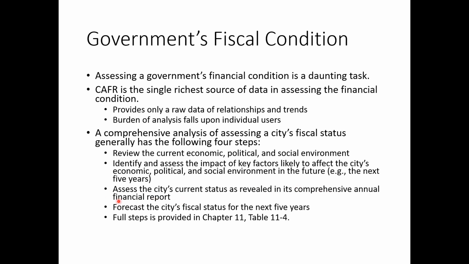In this step, we're going to do a lot of calculations. We're going to do ratio analysis, trend analysis, or comparison analysis. Compare the city's results with other cities that are similar in size and economic conditions. And finally, we're going to forecast the city's fiscal status for the next 5 years or even longer.